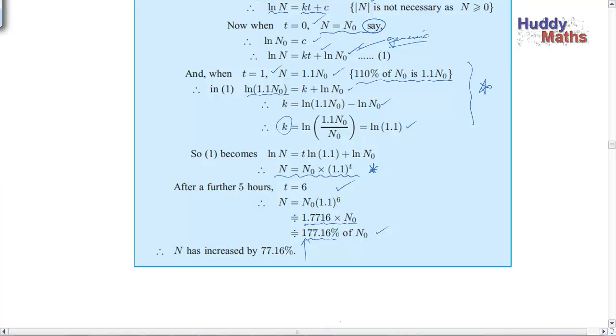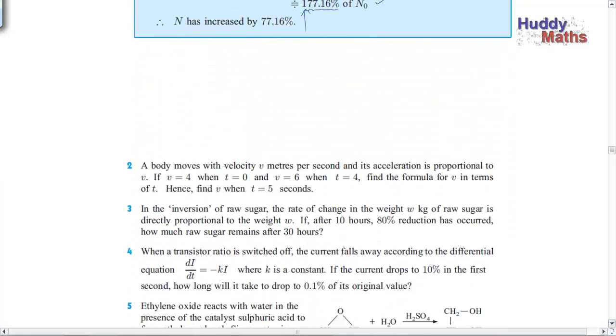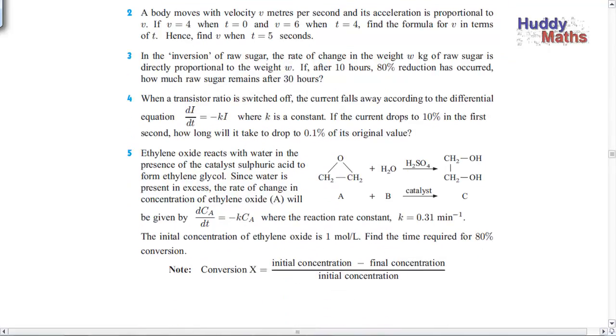These problems of an applied nature are quite challenging. So come down and see what you can do with some here. Questions 2 through 5 there. Have a go at those and I'll show you the answers. Particularly you might look at this one. It's a motion problem and it's this proportional thing.